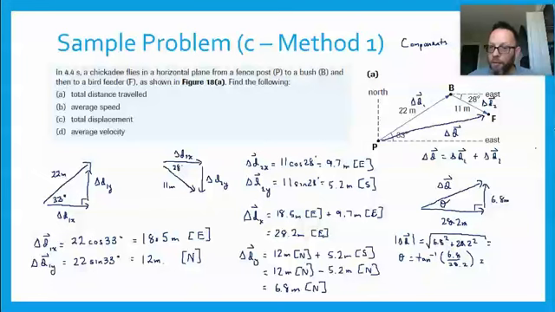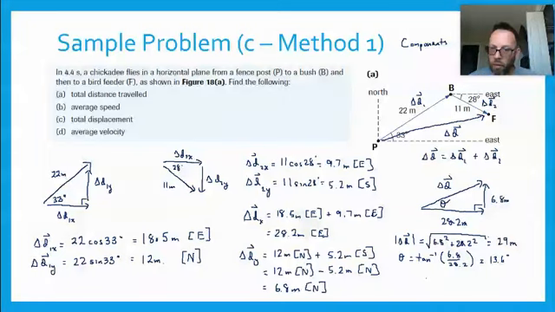So for the final displacement, I got pretty close to 29 meters. And the angle, if I do 6.8 divided by 28.2 and inverse tan, I'm going to say 13.6 degrees.